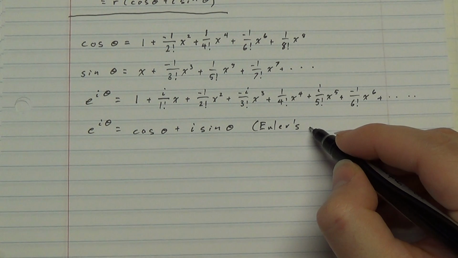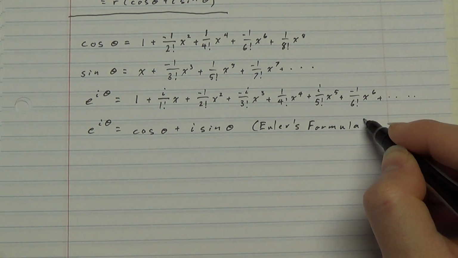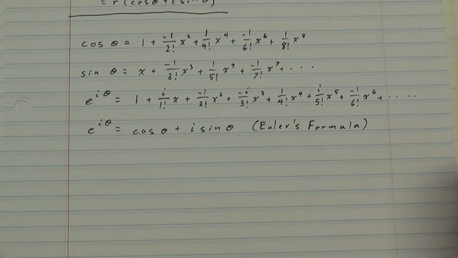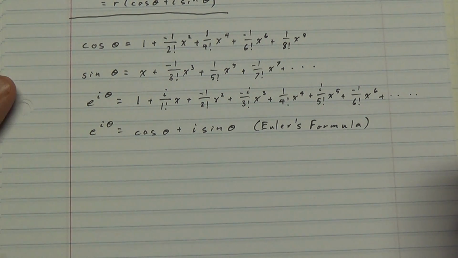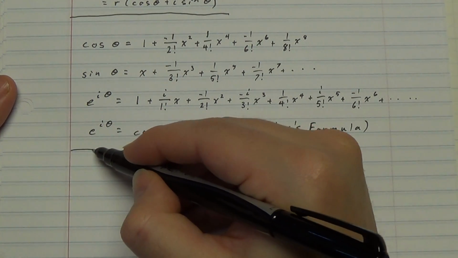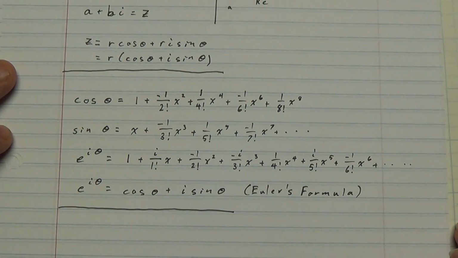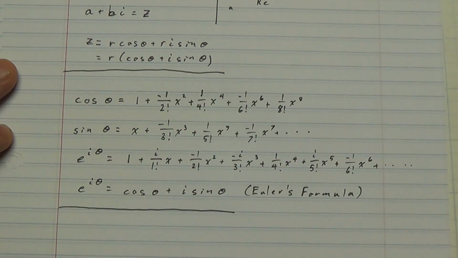Euler was brilliant. There are formulas and theorems named after him in many different branches of science. But this shows us how to rewrite our complex number here.